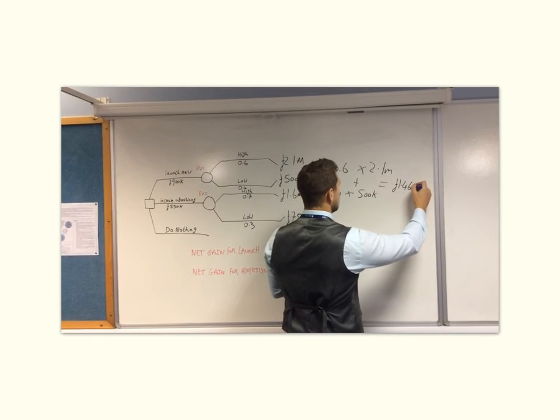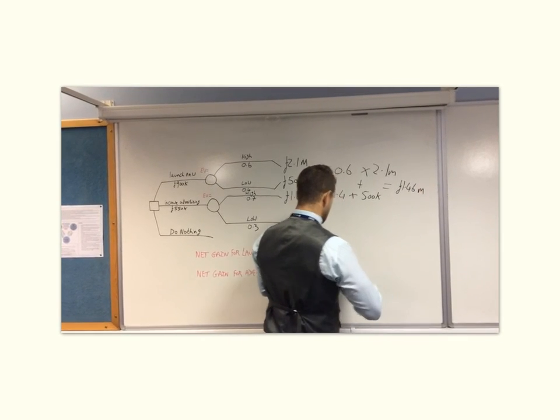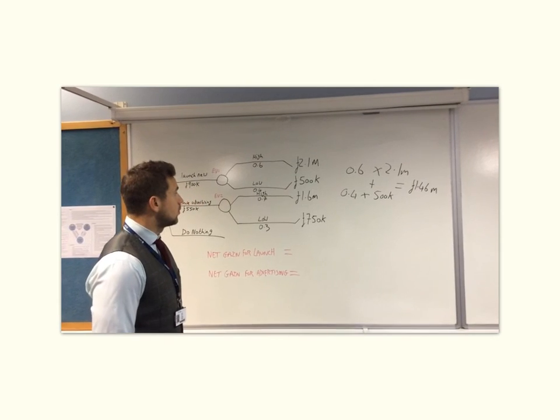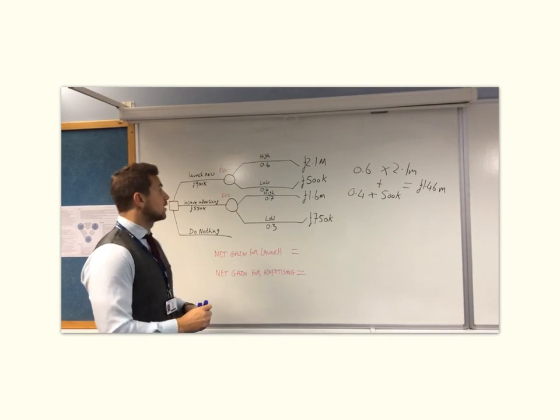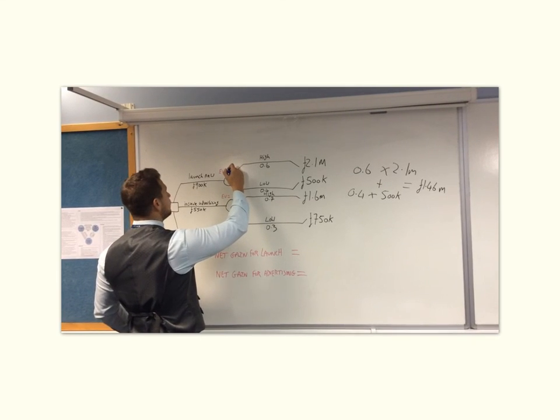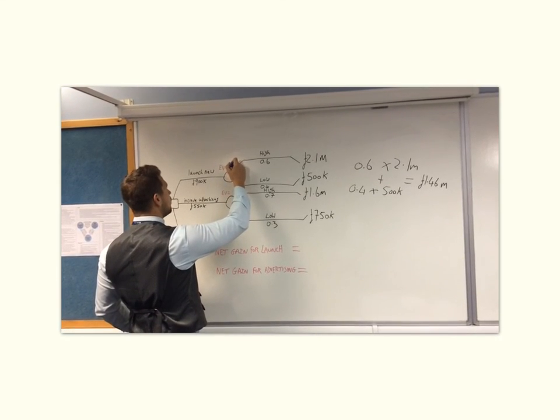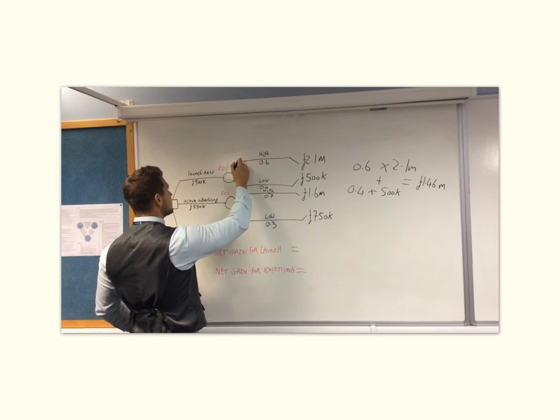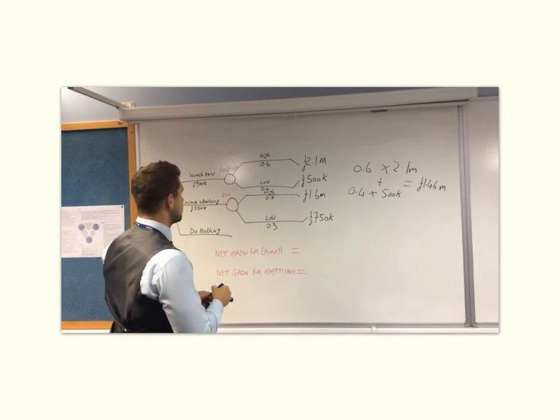Remember what I showed you in the presentation, where to put the expected value. It's above the circle, so we're going to put the expected value, 1.46 million, here above the circle.